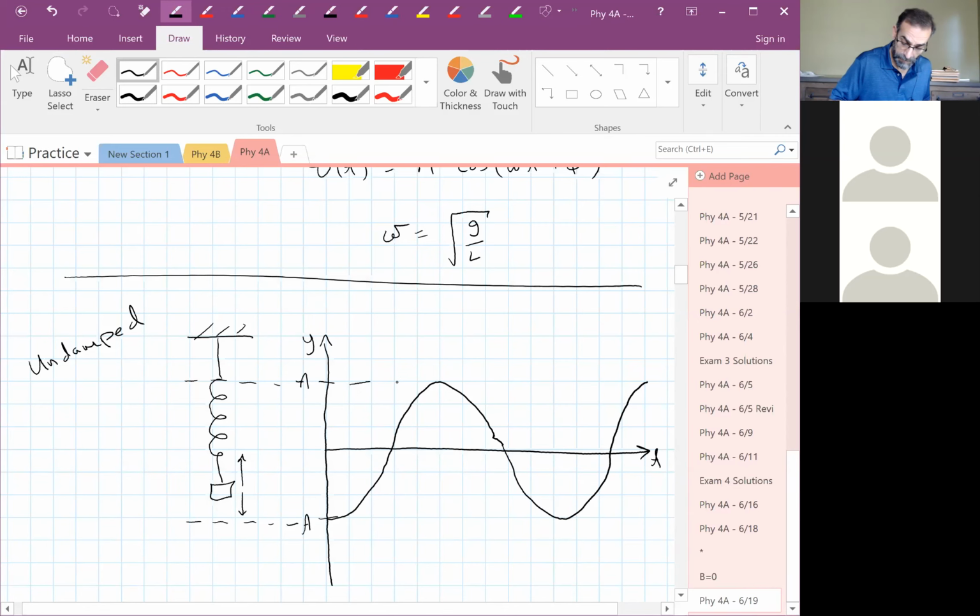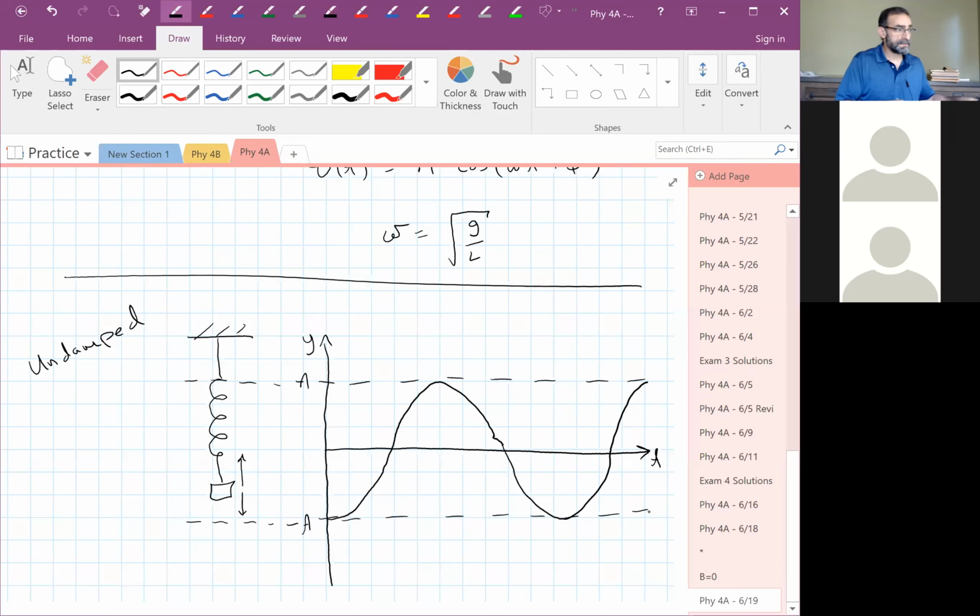Something like that, right? Undamped. There's no friction, no air resistance. As this thing oscillates, it always goes back to the same amplitude. It will oscillate back and forth like that forever.